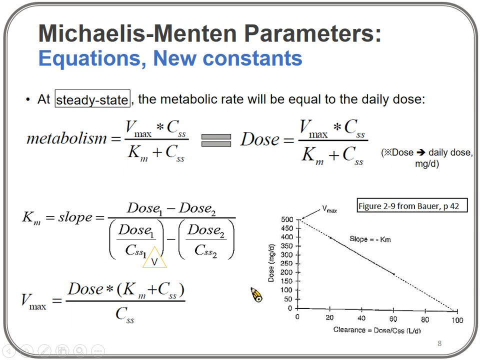So how can we get the Km mathematically? You just need two regimens, the two daily doses and their own concentrations at steady state. Then you can know the Km from the equation here, and that is pretty useful. I will explain in a second.